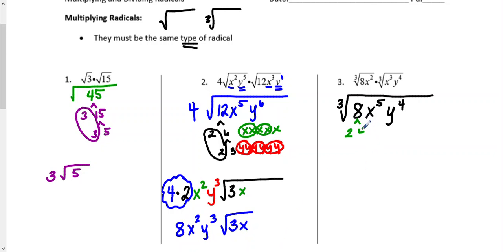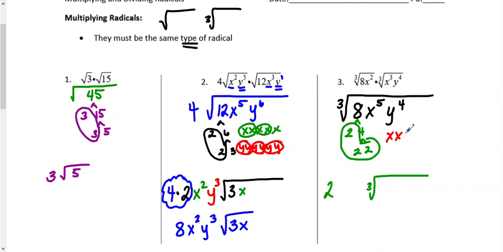So 8 can be broken down to 2 times 4. 4 can be broken down to 2 times 2. Cube root means I need 3 of the same. So I have 3 2's. So the 2 is going to the outside, leaving some space for the cube root of whatever is left over. In this case, no numbers need to be written inside.